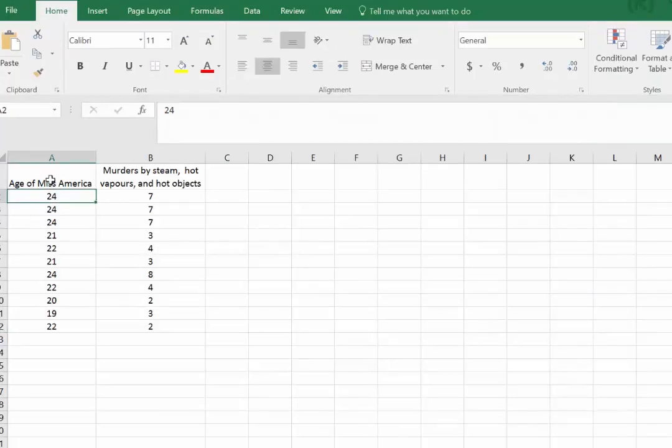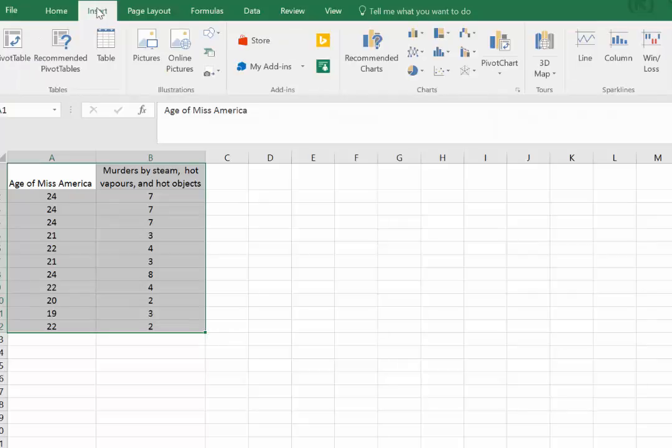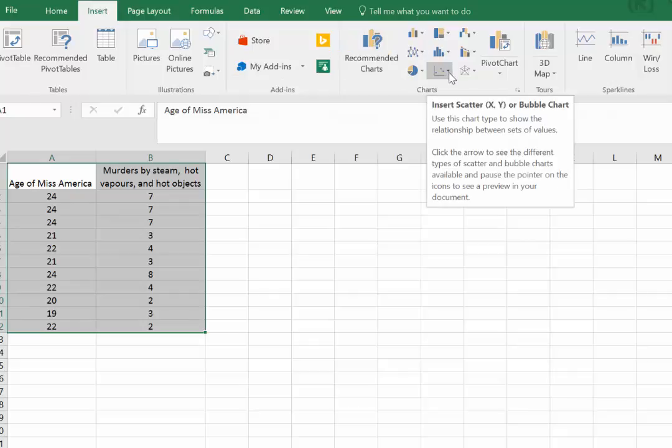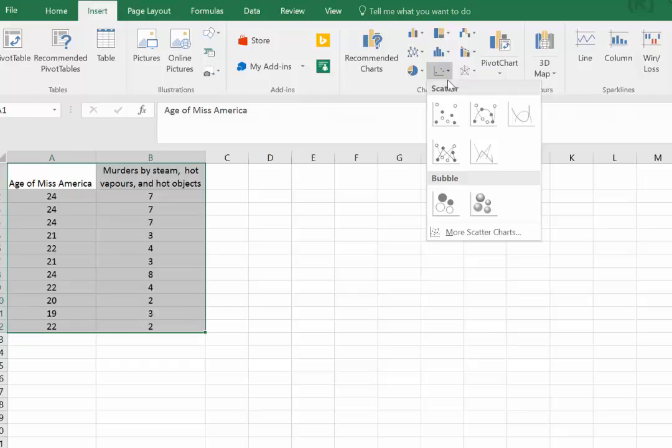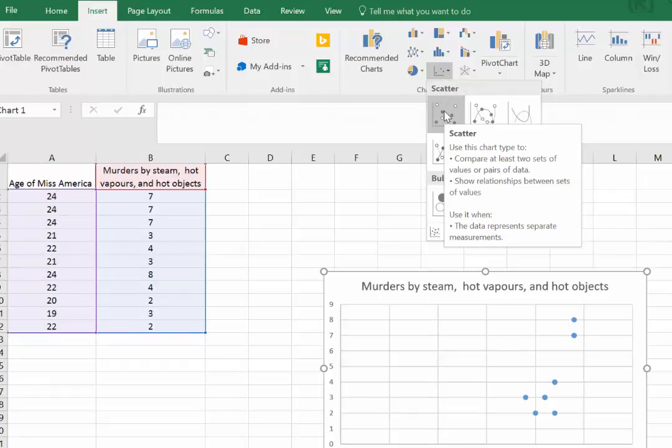Sometimes if you highlight the headings, it will put those on the graph for you, and sometimes not. Just highlight the whole table, and then I want to insert a chart, scatter plot, and I just want this one for now, just the dots.